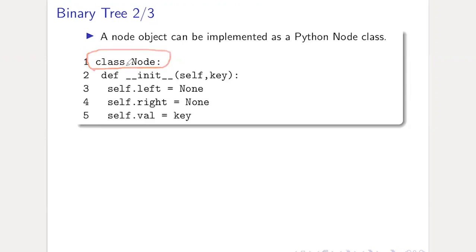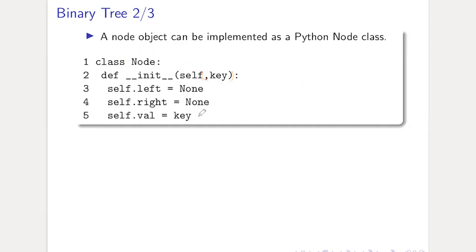Here I am defining the class called node, and here is the definition for the instantiation. As mentioned earlier, we will have our self-referencing pointer, and I am passing a key value here.